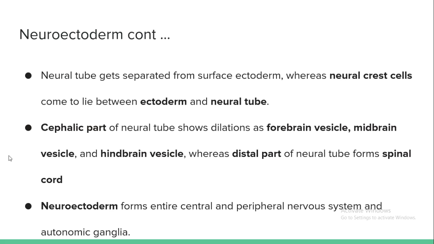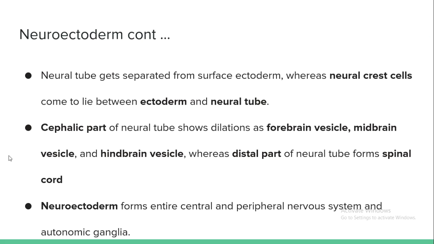Now continuing with the neuroectoderm. The neural tube gets separated from the surface ectoderm, whereas the neural crest cells come to lie between the ectoderm and the neural tube.